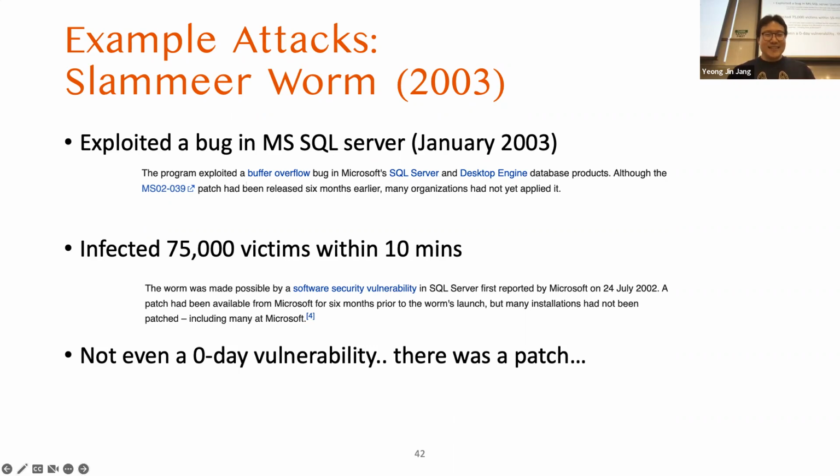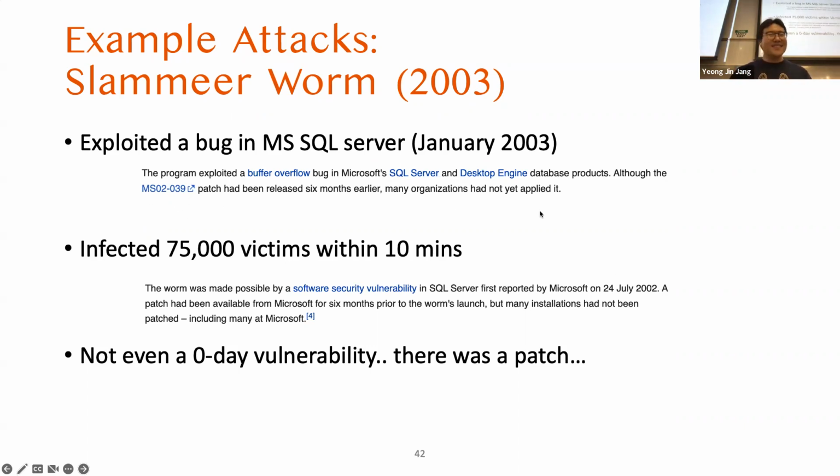And there was a buffer overflow vulnerability here. But the interesting thing is that this attack happened in January 2003, and the vulnerability was reported in July 2002. Yeah. So six months earlier, there was a report, and they released a patch.